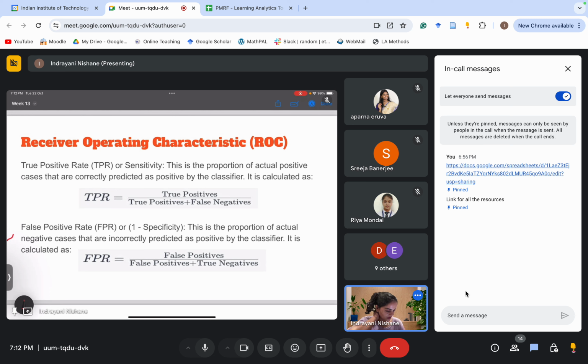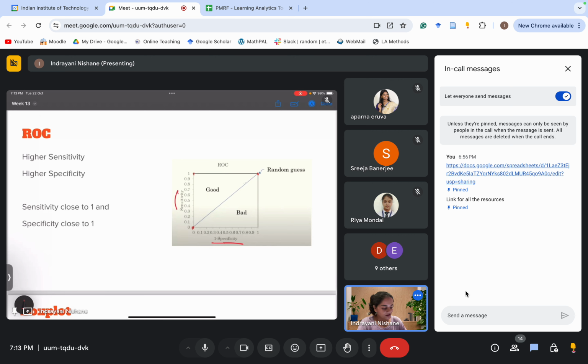Now coming to the ROC curve, when we plot this, this is our reference line, from 0,0 to 1,1, which is equivalent to randomly guessing. Our prediction algorithm is supposed to predict values based on the features we have generated and the equations we may have referred to.